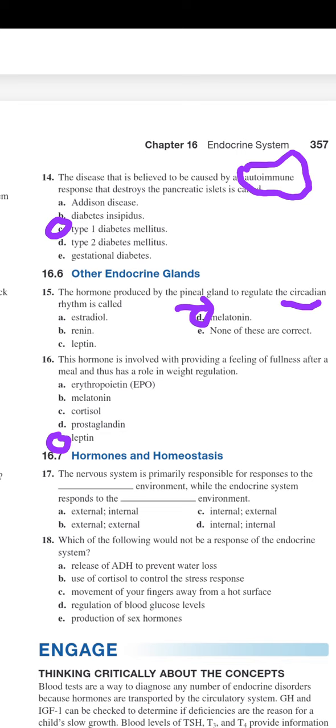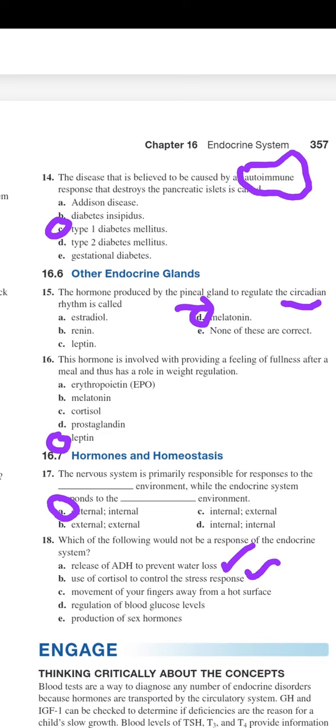Question number 17. The nervous system is responsible for responses to the dash environment. So think about it: your nervous system responds to the external environment, while the endocrine system responds to the internal environment. Which of the following will not be a response of the endocrine system? So I'm looking for a response that is not controlled by hormones. Release of ADH, this is a hormone, so it's endocrine. Use of cortisol, again another hormone.